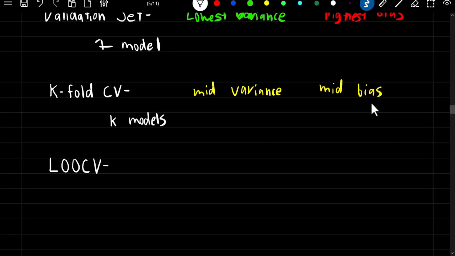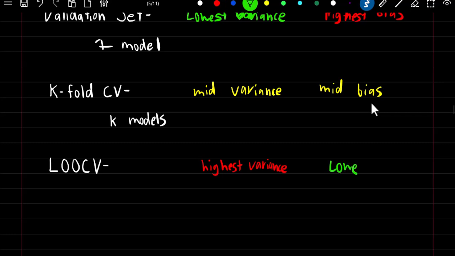And then leave-one-out cross-validation is going to have the highest variance but the lowest bias. And we're ultimately going to be running n models, because k is equal to n.